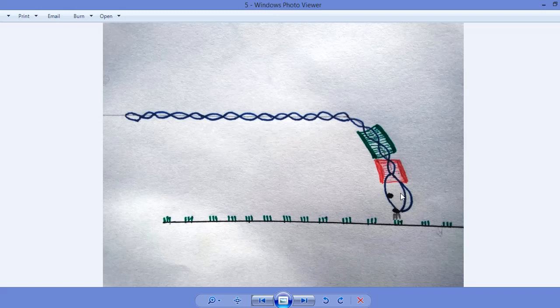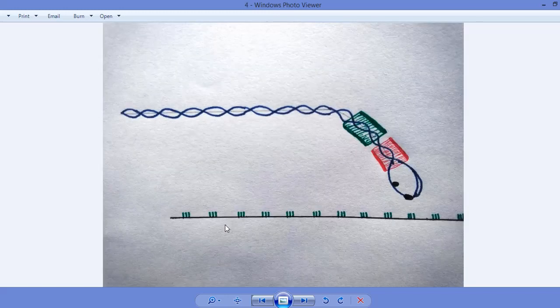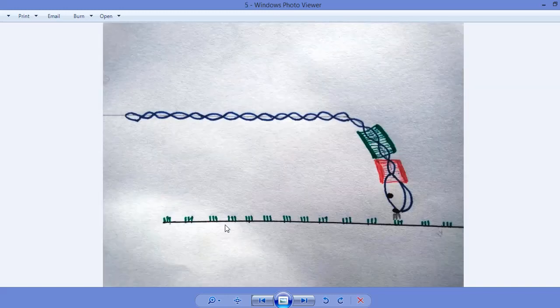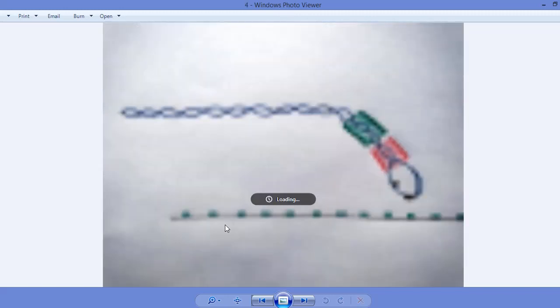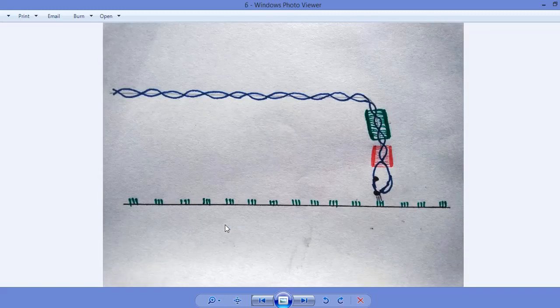After the liberation of the energy into the head, this energy is utilized by the head by twisting around this hinge, and this twisting around this hinge helps the sliding of the myosin filament against the actin filament, and this process continues throughout the cycle. This process continues, as you can see in this figure. This is just like this one. So this process continues.